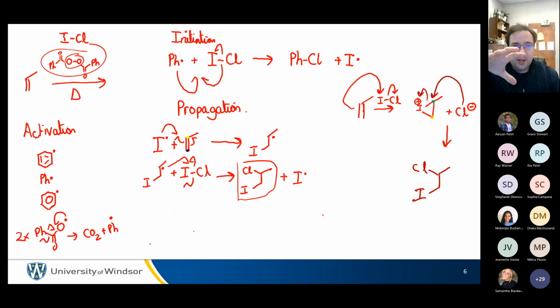It thinks, okay, if I grab a little bit of the chlorine, that generates an I radical. That's okay. If I grab a little bit of the iodine, it generates a chlorine radical. That's not as good. And so it grabs the chlorine to generate the more stable radical. So it's because radical reactions are not ionic reactions. I think that's my answer to your question.